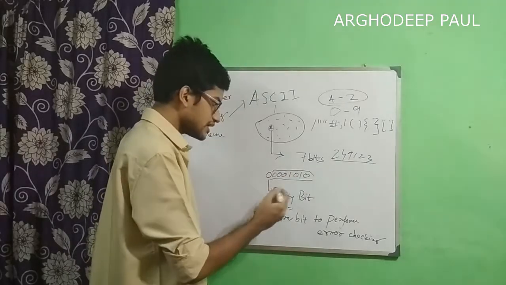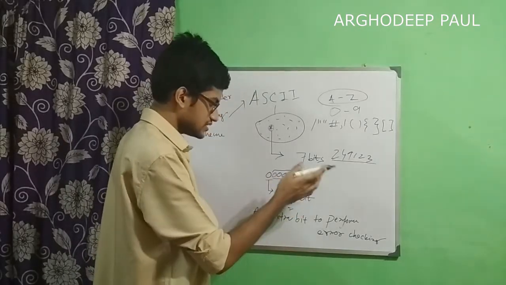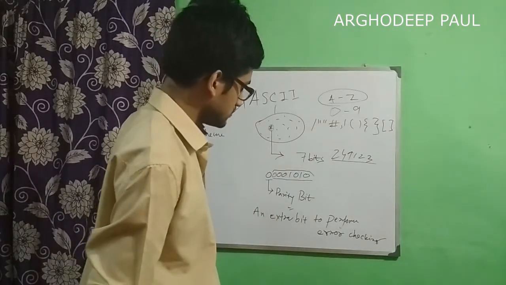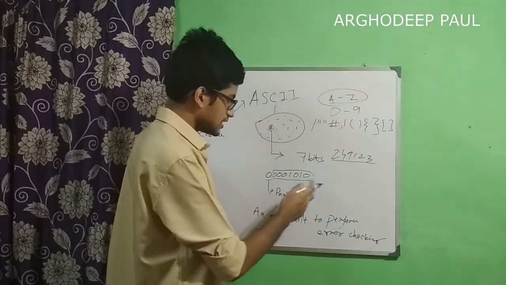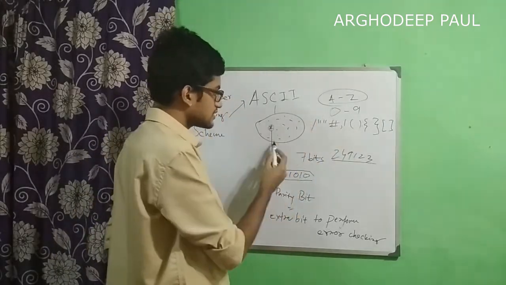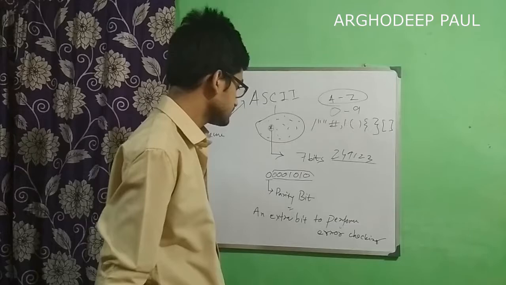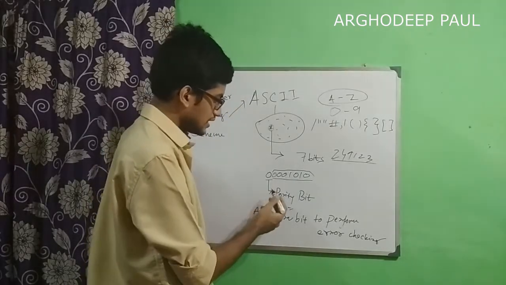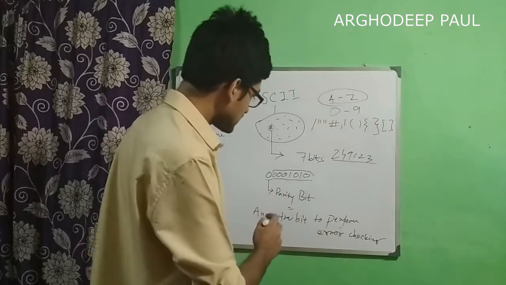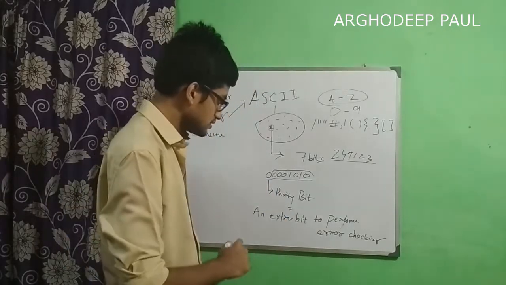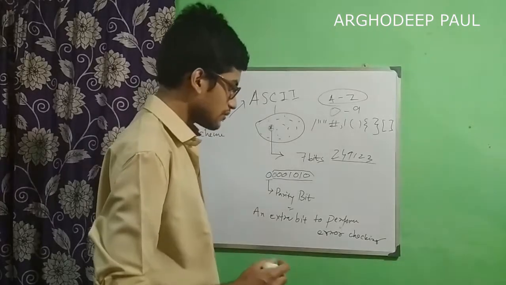This number can be anything, all 1s, all 0s, in any order. Only 7 bits will be used to express any of the characters in its character set, and one extra bit, which is 0, will be used at the leftmost side. That will be called a parity bit, and the parity bit is used to perform some kind of error checking.